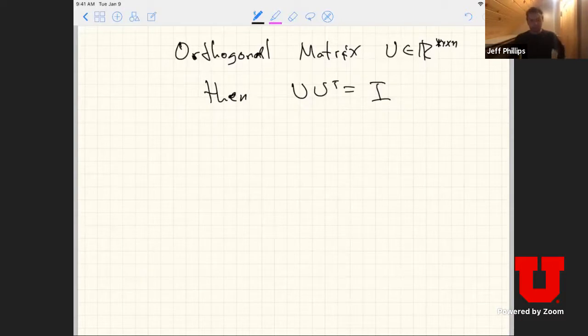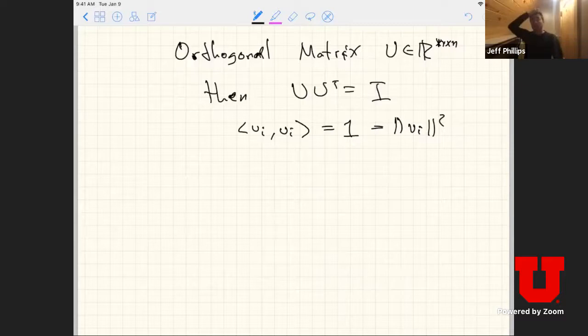And the reason why is that each row or column Ui dot Ui is going to be 1, because this is equal to the norm of Ui squared. If I look at the two-norm squared, well, that's the same as the dot product with itself. So that's going to be 1.